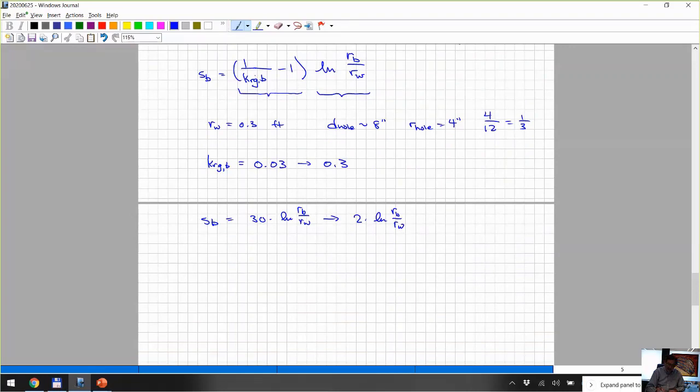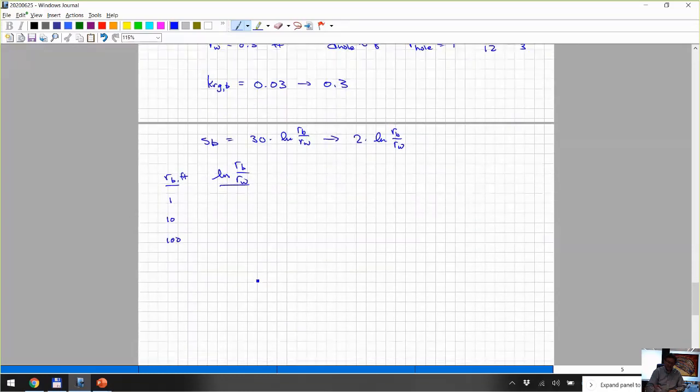So if we just calculate this term RB over RW, we start at 1 foot, 10 feet, and 100 feet, okay? Can somebody make that calculation real quick for me? So the first one is 1.2.